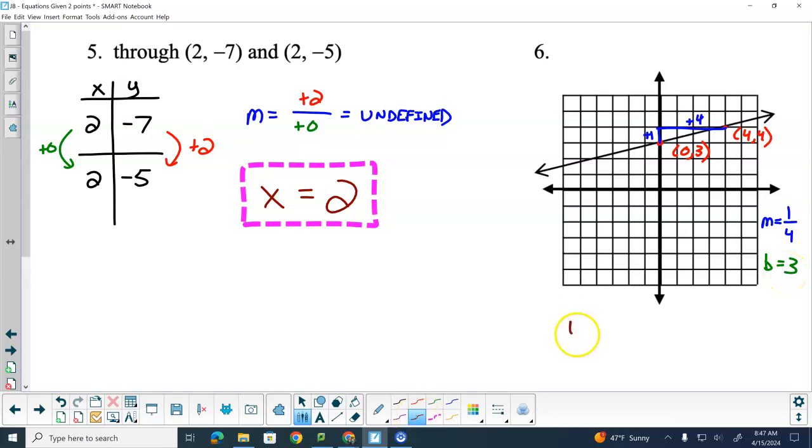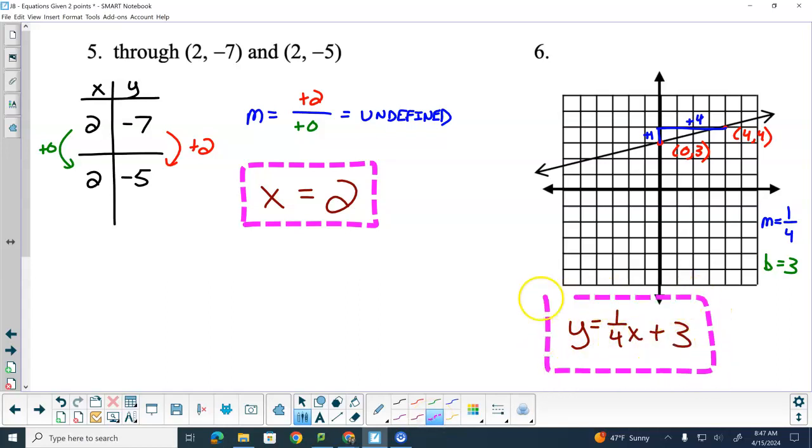Or we could make a chart here of 0, 3, 4, 4, and then here we would have went up 1. Here we would have went up 4.